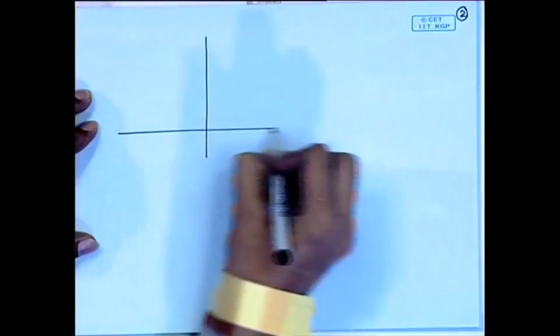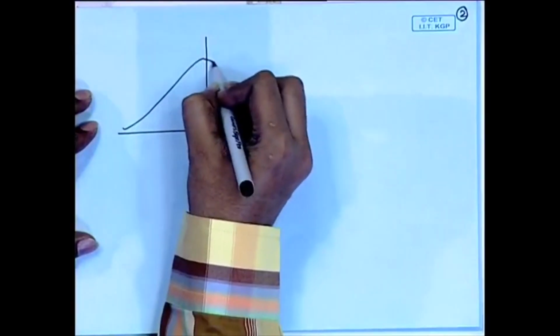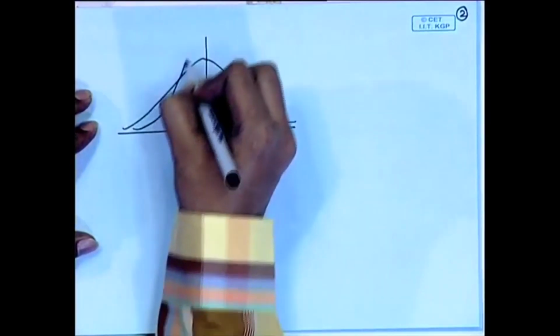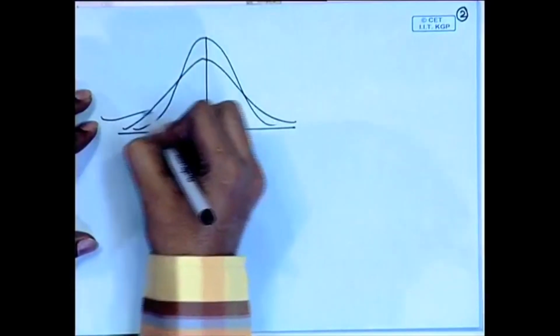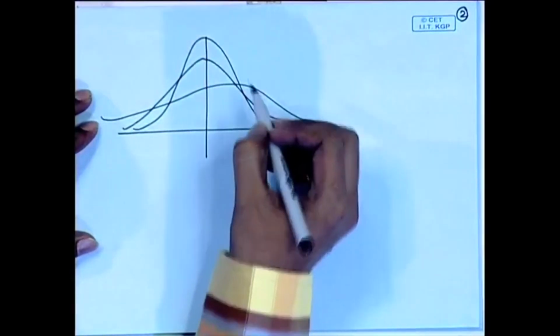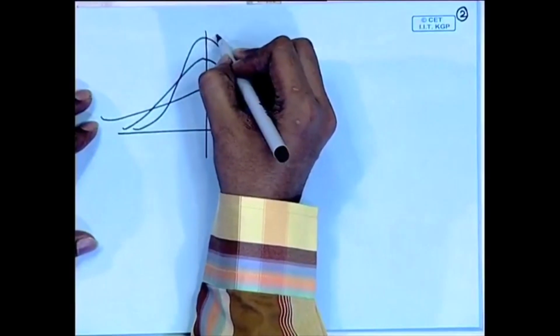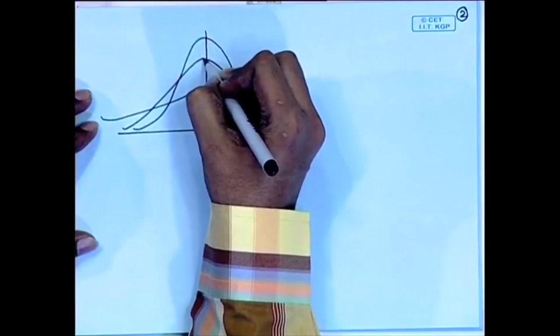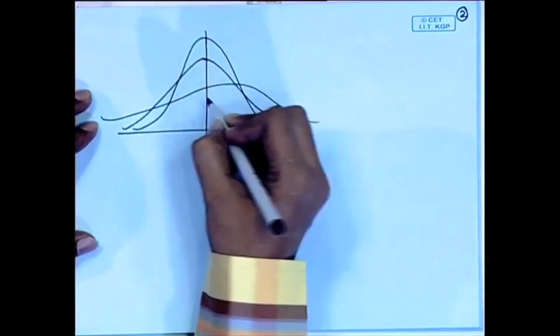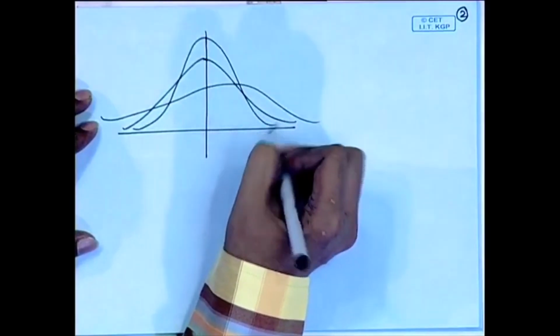We also define another characteristic called peakedness of a distribution. Compare the curves. If we look at it, this has a high peak, this is somewhat in the middle or average or normal, and this is a more flat curve.